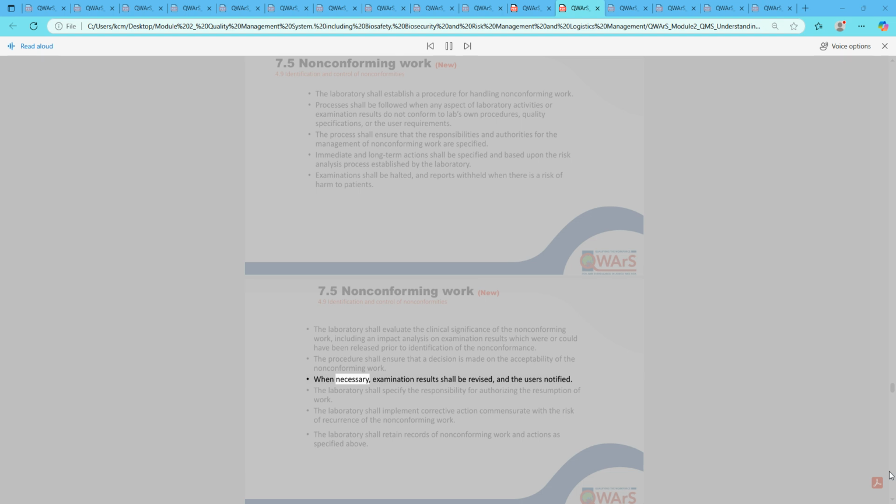When necessary, examination results shall be revised and the users notified. The laboratory shall specify the responsibility for authorizing the resumption of work. The laboratory shall implement corrective action commensurate with the risk of recurrence of the nonconforming work. The laboratory shall retain records of nonconforming work and actions as specified above.